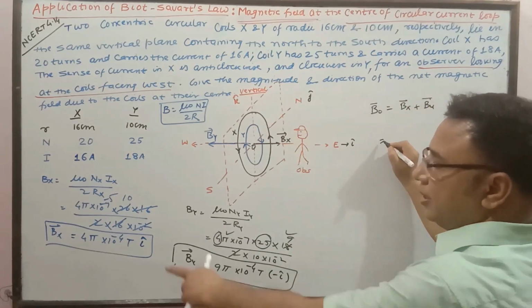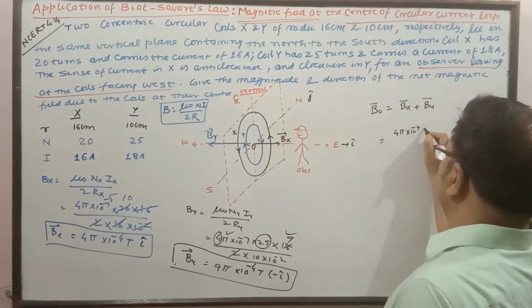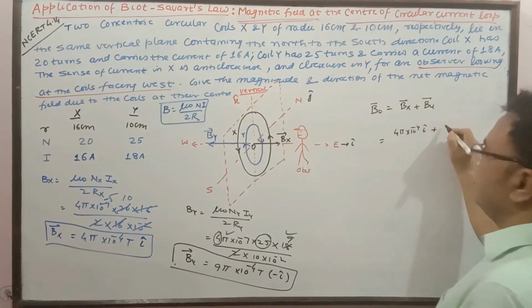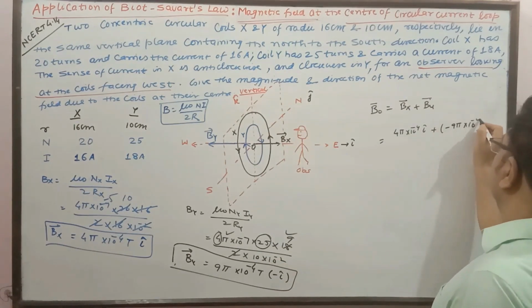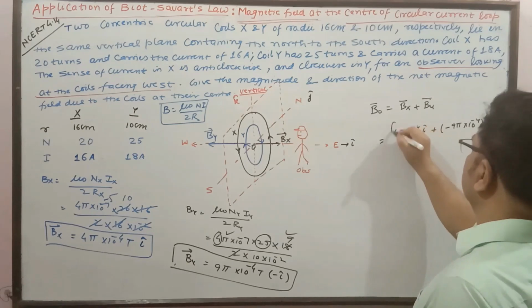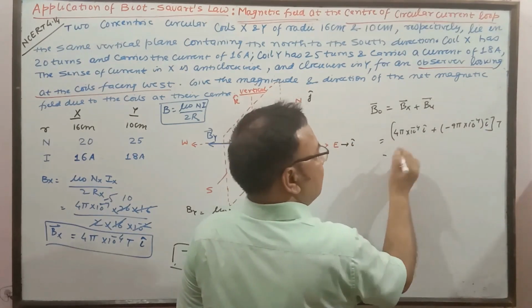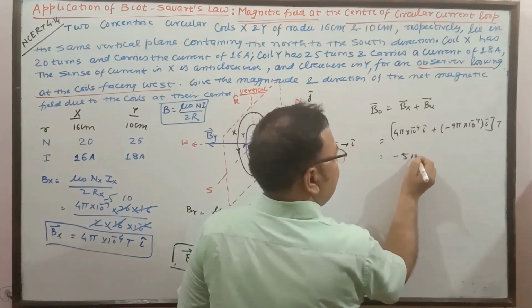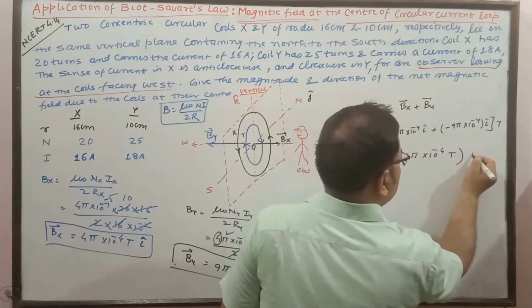Bx is 4 pi into 10 to the power minus 4 I cap, and By is minus 9 pi into 10 to the power minus 4 I cap in Tesla. So finally we have minus 9 pi plus 4 pi, which gives minus 5 pi into 10 to the power minus 4 Tesla I cap.